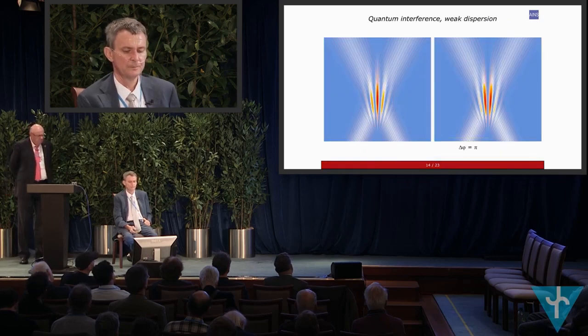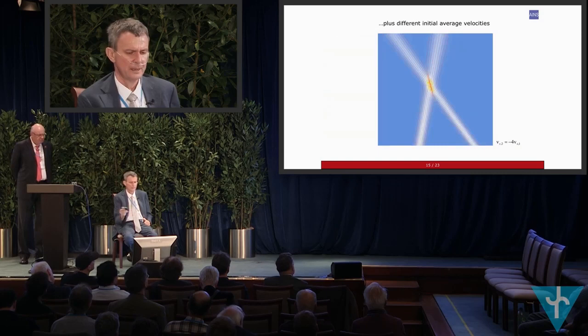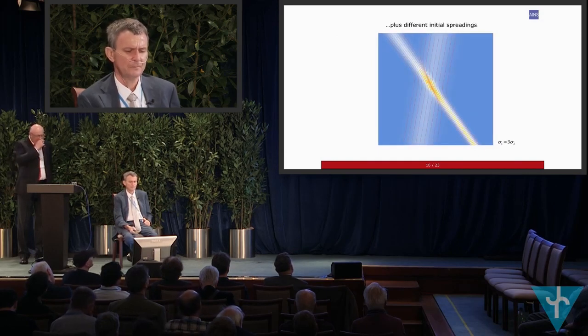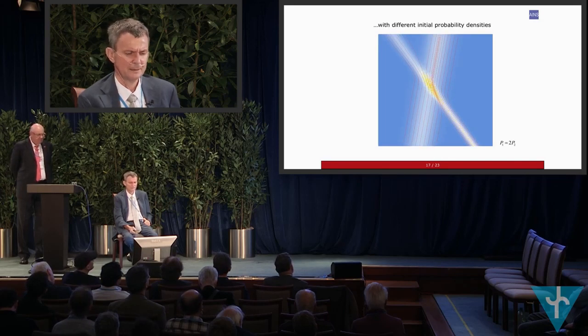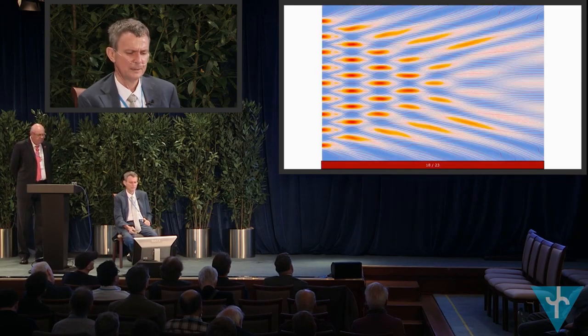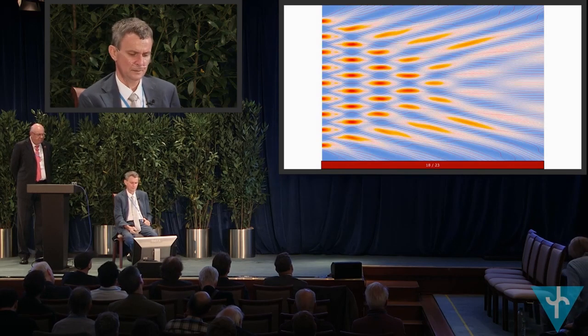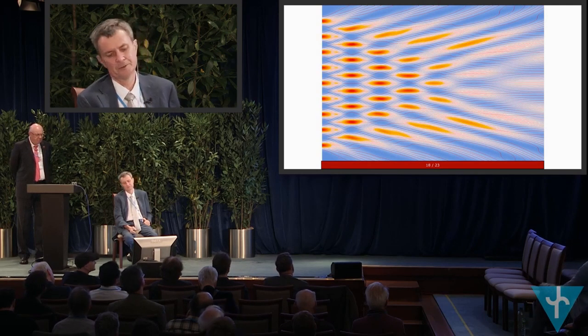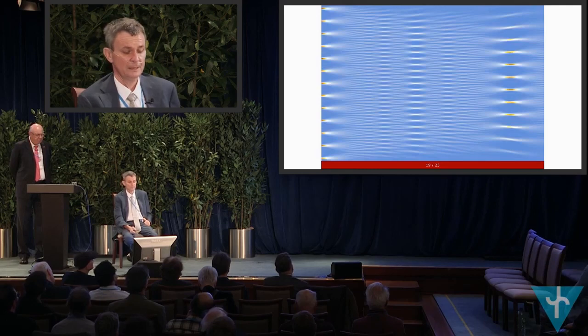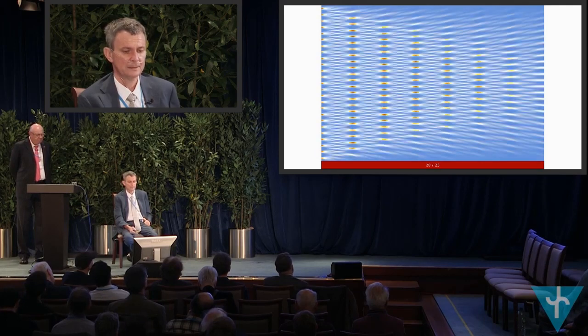There's interference with weak dispersion and a phase shift. You can add different average velocities, different spreadings, different initial probability densities. Here is an n-slit situation with trajectories as we know them from Bohmian theory, and the Talbot effect.